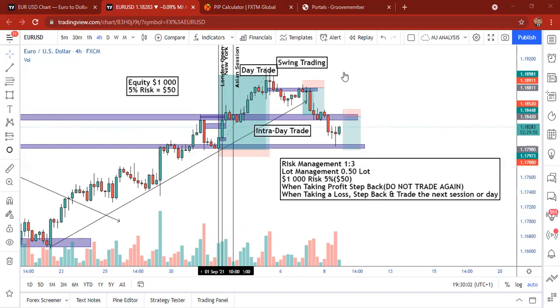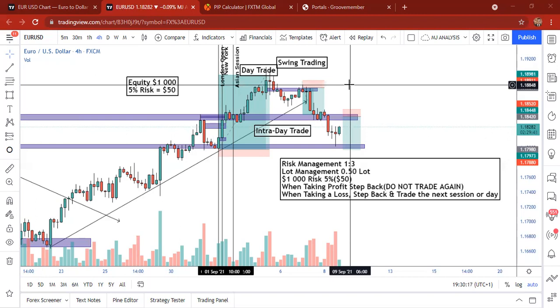Sorry, if I go and search for a specific pair in the symbols, why is there a lot of the same thing? A lot of Euro USDs, I see here from FX.